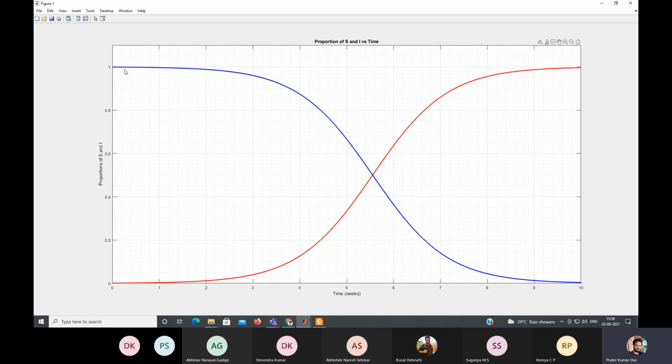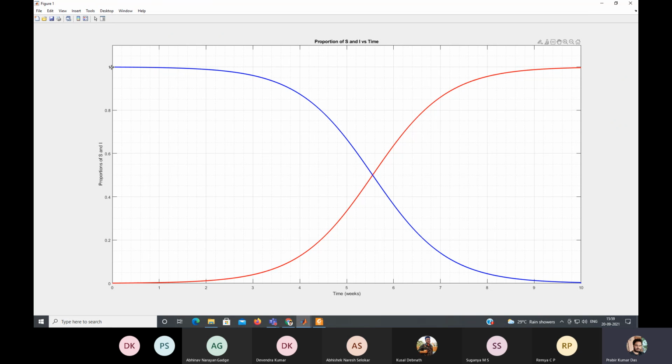Susceptible means those who have a high probability of getting infected. Initially we initialized it as 1. So 1 is our total population. Here if we see, the y-axis is from 0 to 1.